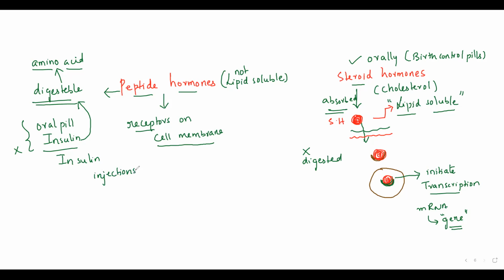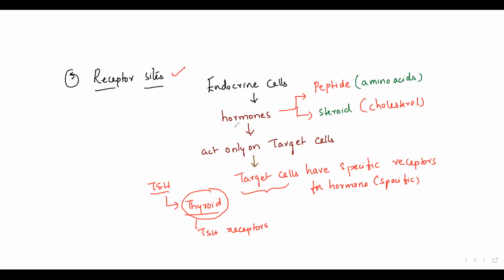Okay, so this is an important thing that you need to understand about the receptors. And children, I told you we have receptors, right? So receptors are the ones which receive the hormones.